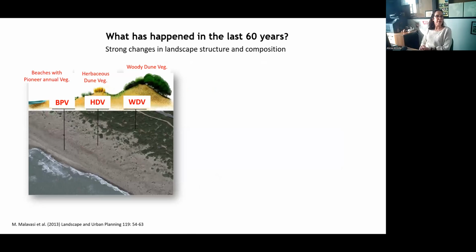Well, I should say that it's not easy to identify coastal dune habitats using aerial photographs, but it's possible to map at least three natural land cover types: beaches with pioneer annual vegetation close to the sea, herbaceous dune vegetation, including most of the habitats we've seen before, and woody dune vegetation.